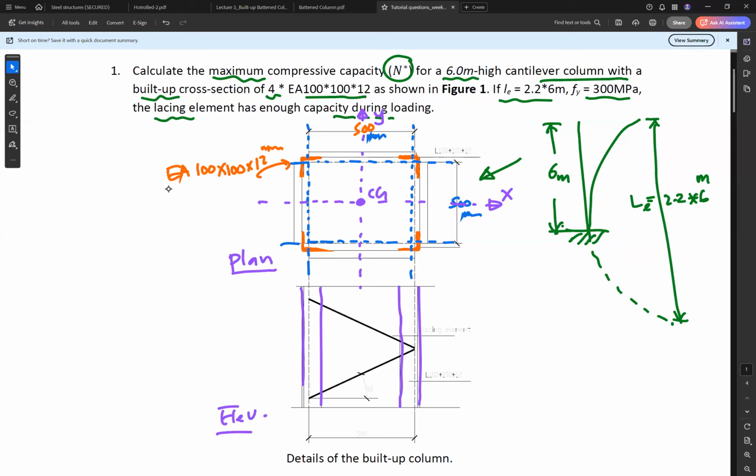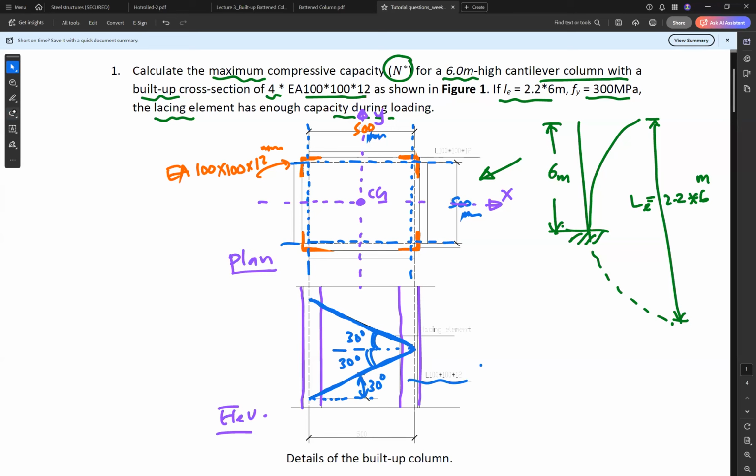and the angles are connected together with the lacing elements here. The angle of the lacing element is 30 degrees, so this also is 30 degrees and this also 30 degrees.